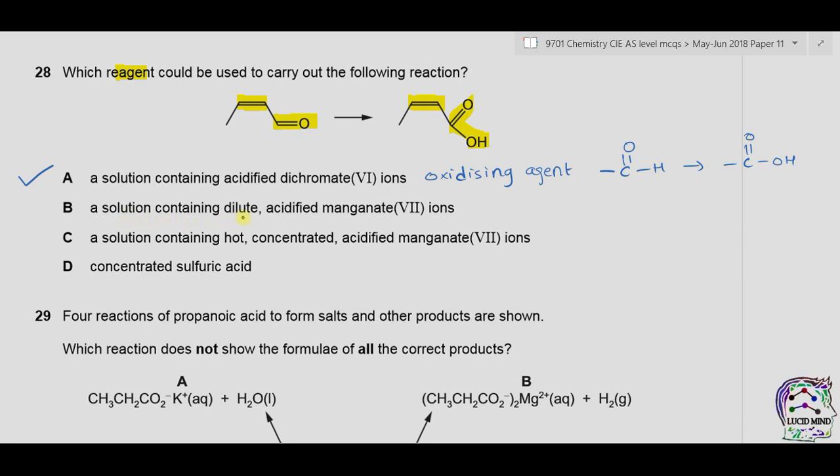B, a solution containing dilute acidified manganate(VII) ions. Now this is also an oxidizing agent which can oxidize alkene to diol. As in this reaction the alkene is unchanged, B is wrong. C, a solution containing hot concentrated acidified manganate(VII) ions. Now this can also oxidize alkene to the respective aldehyde, carboxylic acid and carbon dioxide.